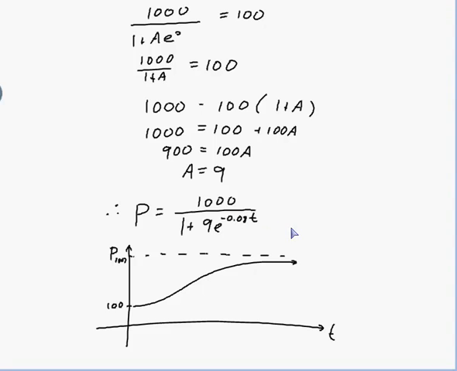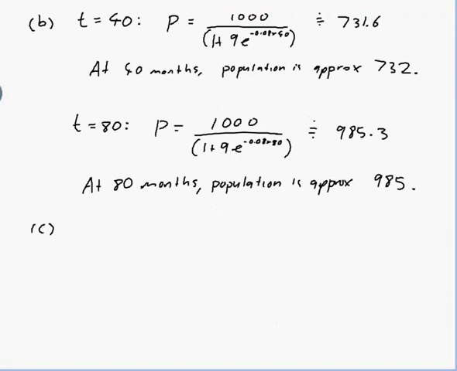And you can see that as well. As t goes to infinity, e^(−t) approaches 0. And so this part becomes 0 and we get 1000 over 1. So the limiting population must be 1000. So the limiting population is 1000.